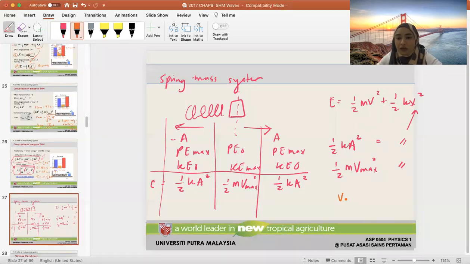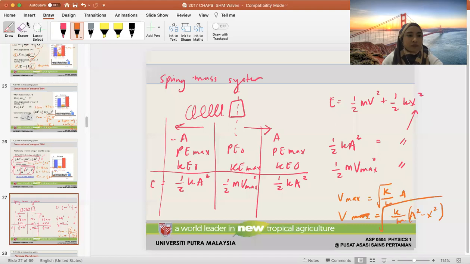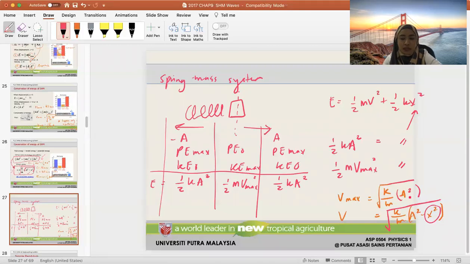I get my Vmax equals to square root of k/m times A, and V equals to square root of k/m times (A squared minus x squared). So the difference between the two equations, sorry, this first one is Vmax and this is V, is the minus x squared. We have the minus x squared over here. Why? They are actually the same, it's just that Vmax directly uses A squared, whereas for V, it is A squared minus x squared.